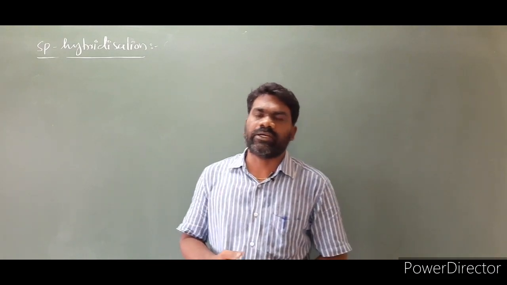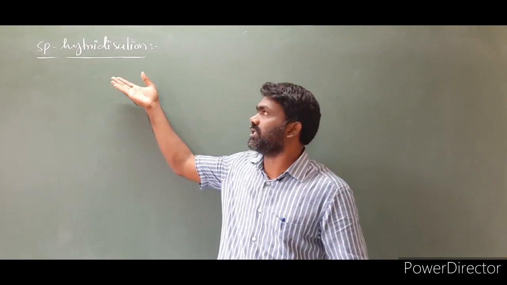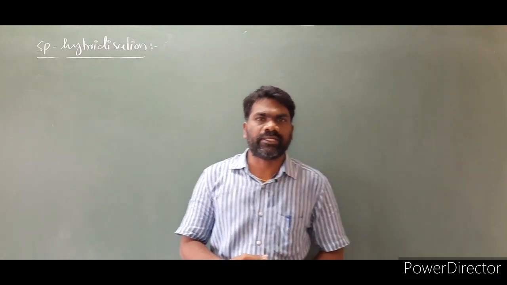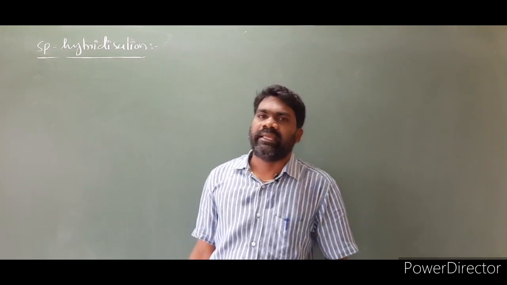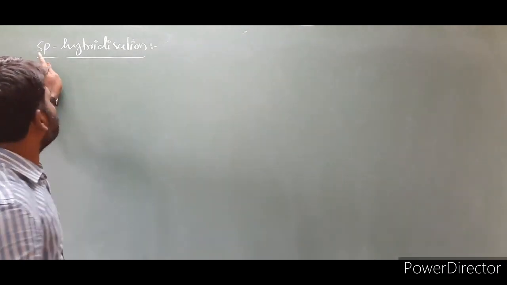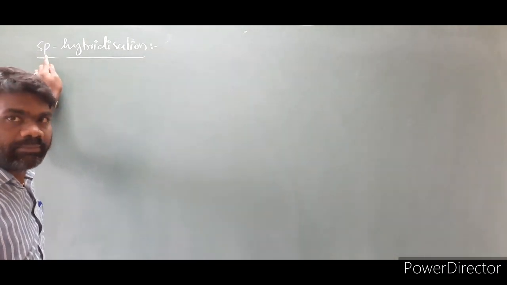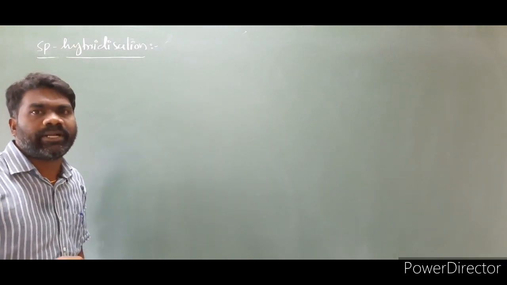Now let us discuss some examples of molecules, taking them one by one with hybridization. Among them, the first one is sp hybridization. So what is sp hybridization? One s orbital intermixed with one p orbital, resulting in the formation of two sp hybrid orbitals.